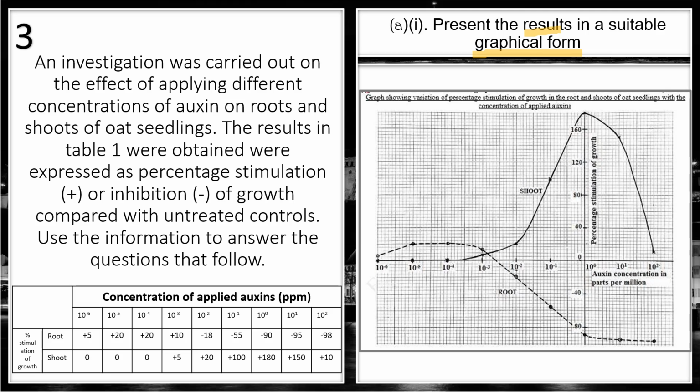So we have our x-axis, which is going to represent the auxin concentration in parts per million, and we have the y-axis, which is representing the percentage stimulation of growth.